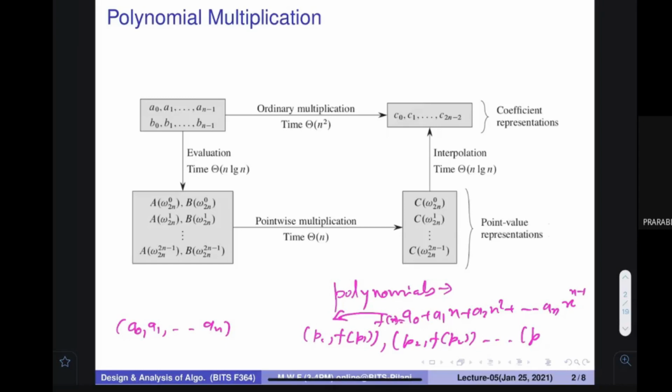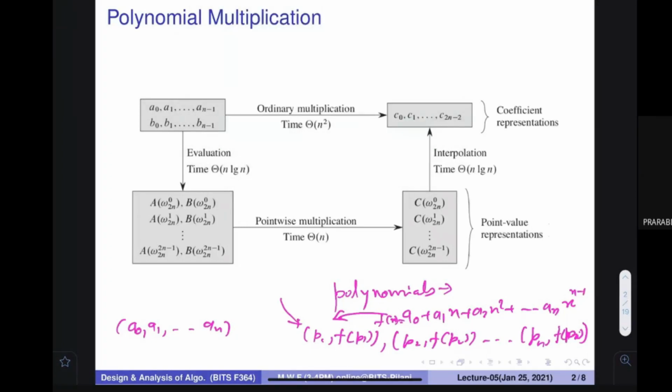We want n such points to perfectly represent this function. When the highest power is n minus 1, we need n such points.